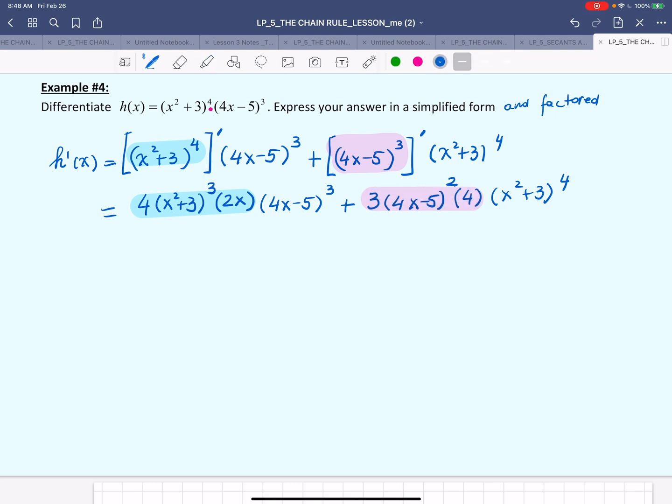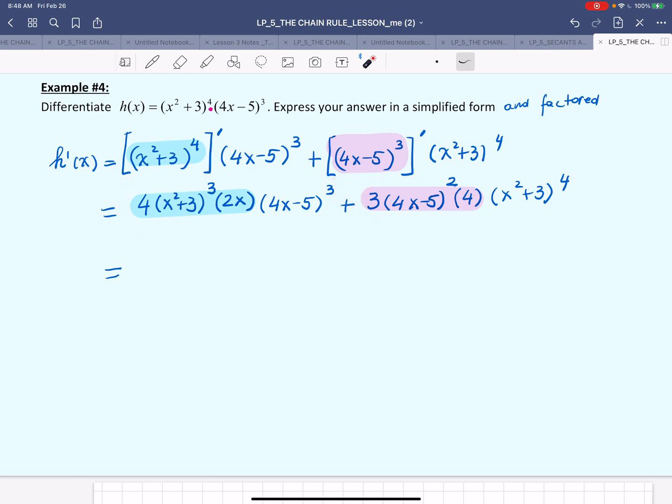And here is an interesting step. If you look at this whole derivative expression, you see that we have a lot of common factors. So what I do first is I look at the two groups of factors that I have. Remember, the two groups of factors are separated by a plus here.